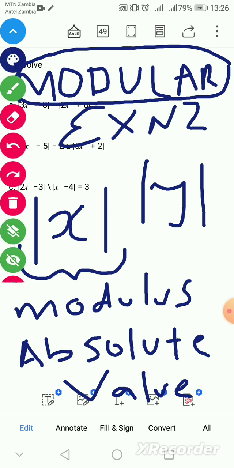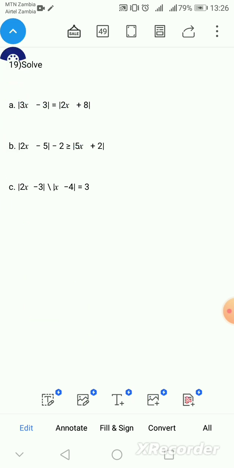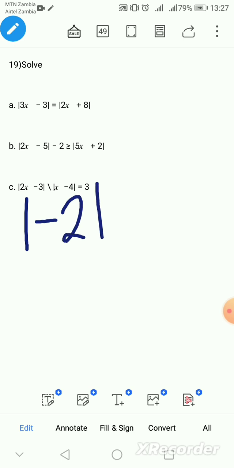Now, a question is, what do these straight lines mean? What does this absolute value imply? An absolute value simply implies that we are only looking for a positive outcome or a positive solution.